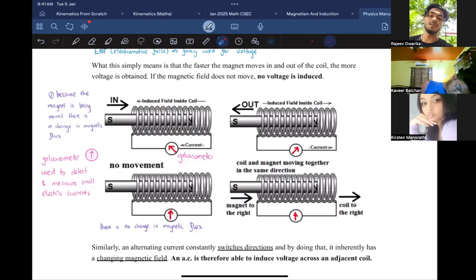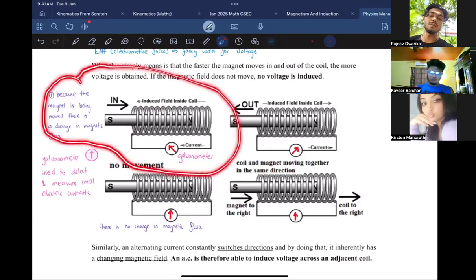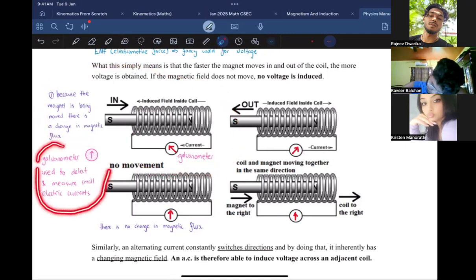Right, and I want you all to copy down your little notes to the side. In this first diagram, I would like you all to say that because the magnet is being moved, there's a change in magnetic flux. I also want you to write down the definition of a galvanometer and the symbol for it.